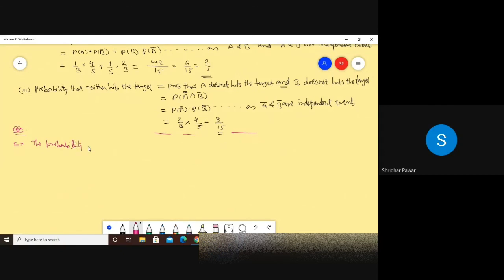The probability that Geeta passes in an exam is half, and that Sita passes the exam is 2/3.